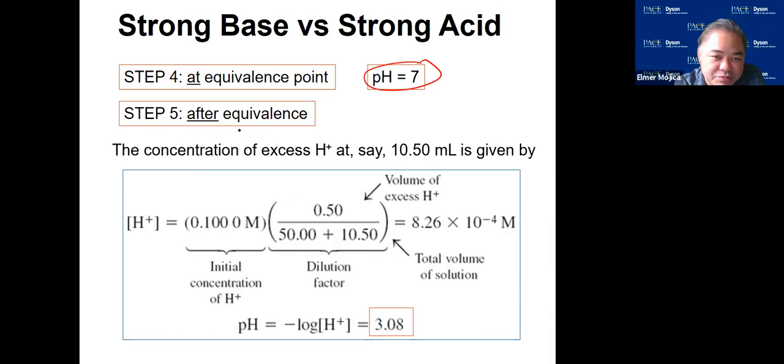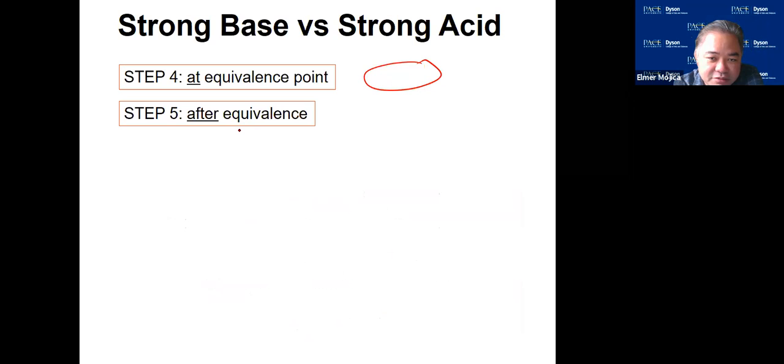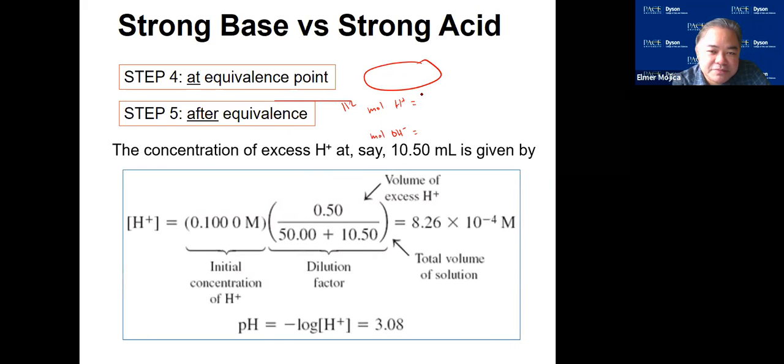Now, we can solve this before I show you how to solve it at 221 level. We can solve it as 112 level. And again, what do we have? Moles of the H plus and moles of the hydroxide. And the amount that we have here is around 10.50.